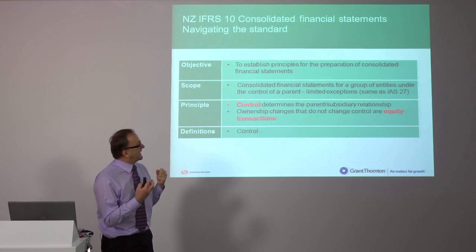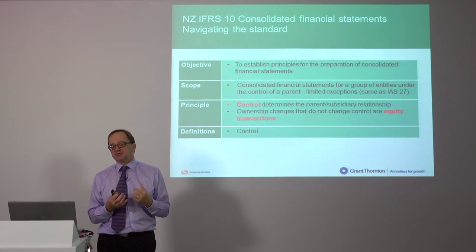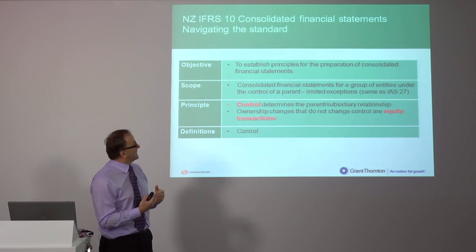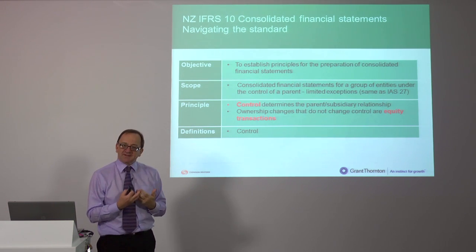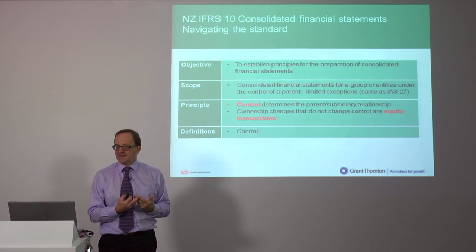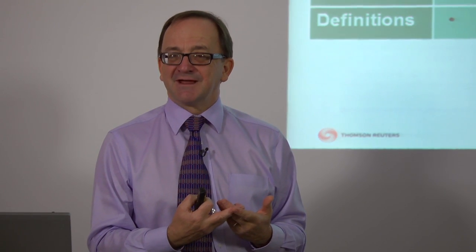I put these slides up really just to give you a flavour of the change. We've basically widened the sense of what should be consolidated. Bear in mind, in New Zealand, we've always had a strong substance over form. In Europe, it was very much that above 50% you consolidate, and below 50% you would never consolidate.